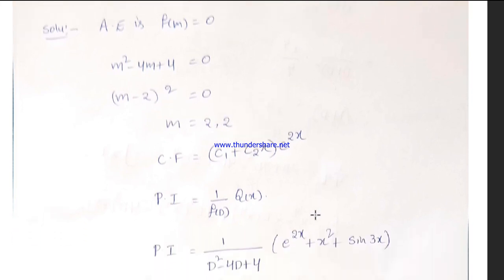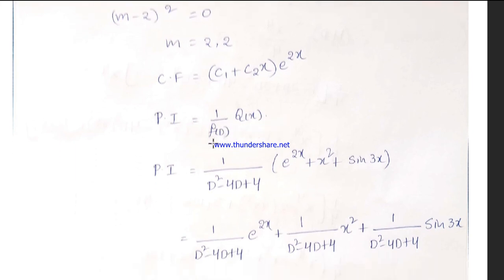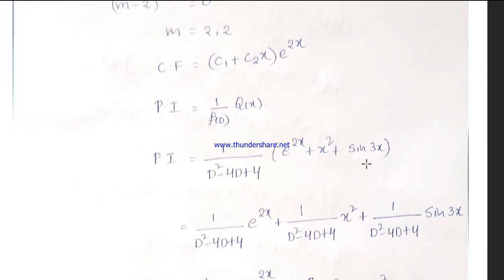Going to the particular integral, pi is equal to 1 by f of d into q of x. So 1 by f of d, d square minus 4d plus 4 into e power 2x plus x square plus sine 3x. So you can split it as three terms because three different terms are there. So first term is 1 by d square minus 4d plus 4 into e power 2x, plus 1 by d square minus 4d plus 4 into x square, plus 1 by d square minus 4d plus 4 into sine 3x.